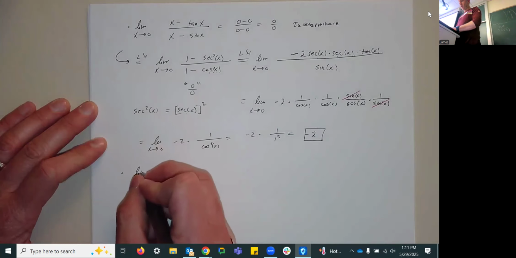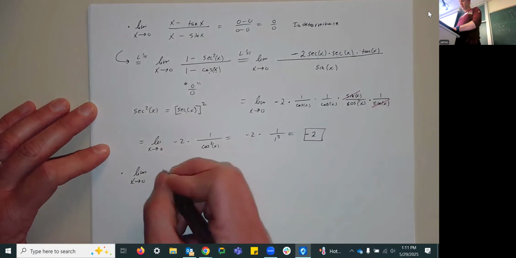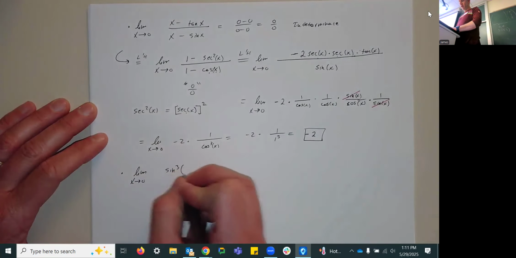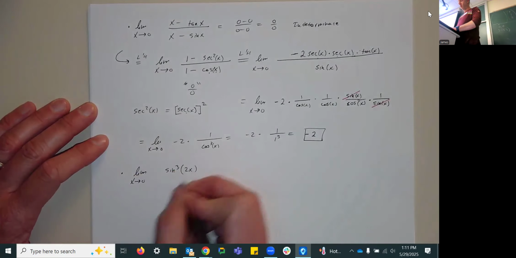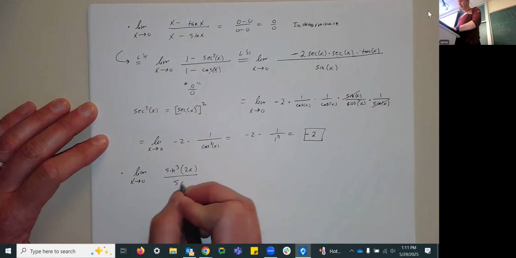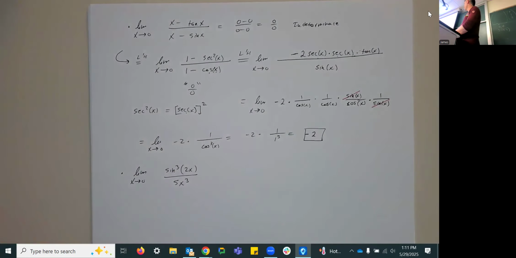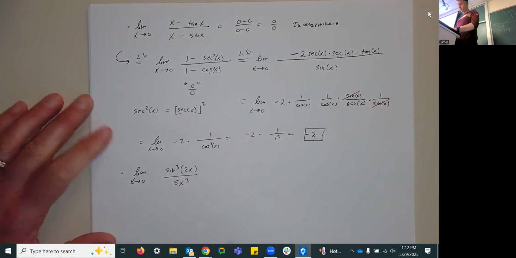So here's one more. The limit as x approaches 0 of sine cubed of 2x over 5x cubed. What I really want to tell you is, even though you could use L'Hopital's rule here, it's a 0 over 0 form, you'll regret it. Maybe not in the first step.